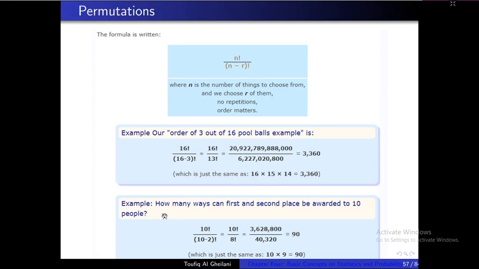Here is another example. How many ways can first and second place be awarded to 10 people? So 10 factorial over (10 minus 2) factorial. That will give us 10 factorial over 8 factorial. By your calculator you can get 90.